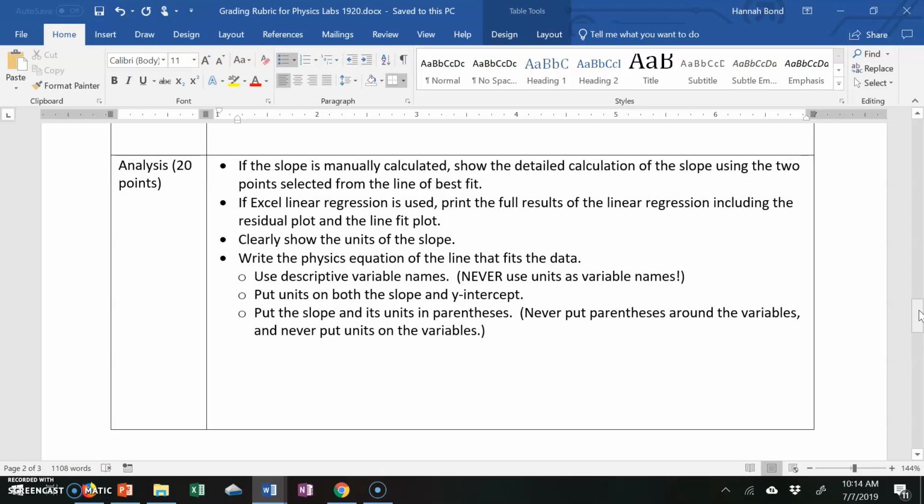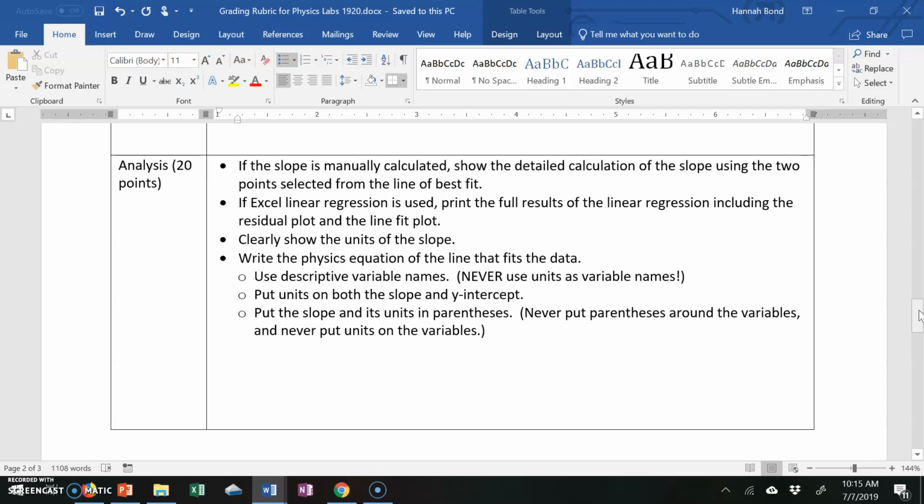Use descriptive variable names, and the name must not be the units of measurement. For example, if you were measuring length in meters, you might want to name that variable L for length. You would never name that variable M because the variable is measured in meters, so we would never use M, which is the symbol for meter, as the name of that variable.